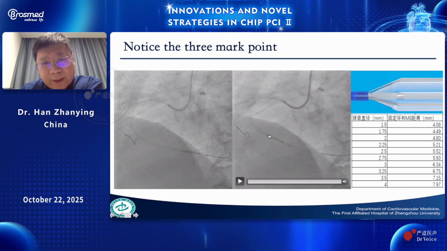Other cutting balloons have 3 segments with mark points, but this cutting balloon has only 1 segment, so it is very easy to advance to the distal part.